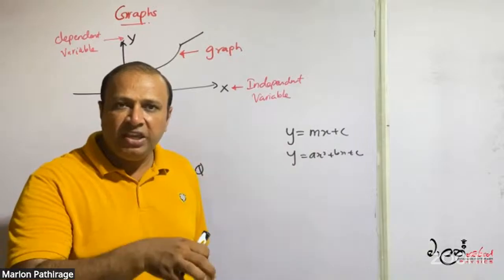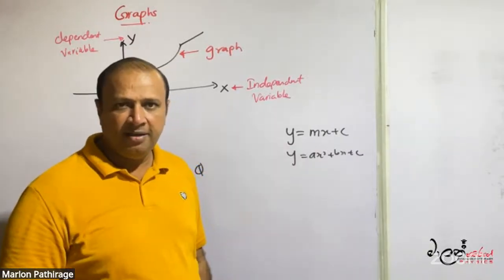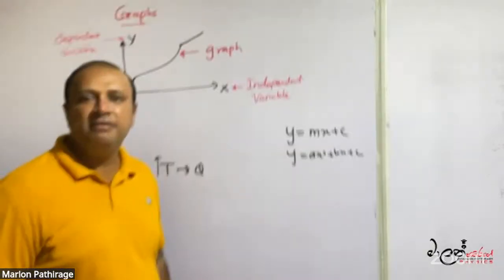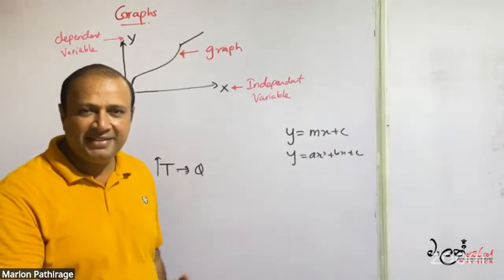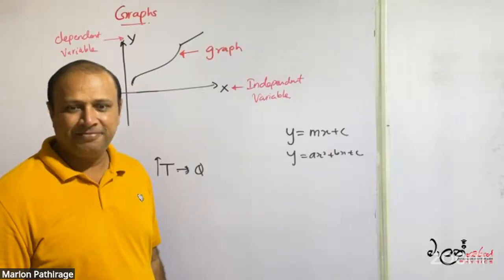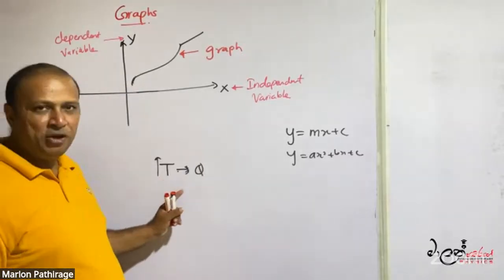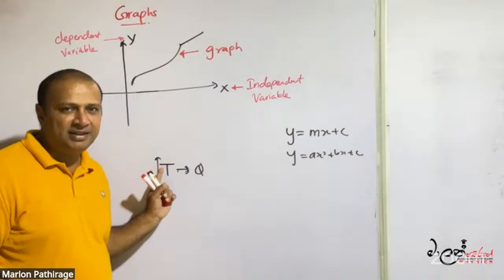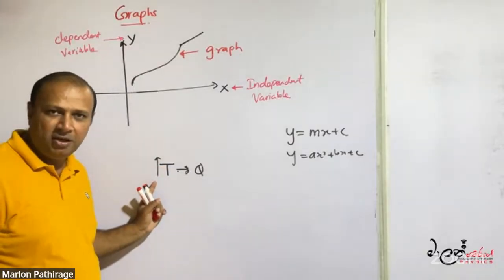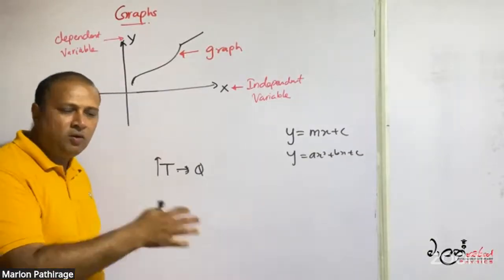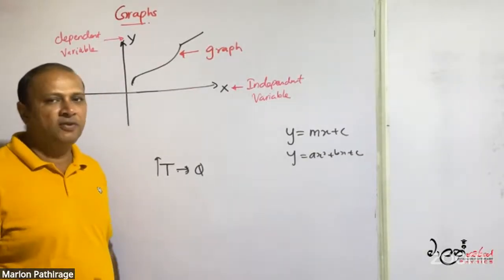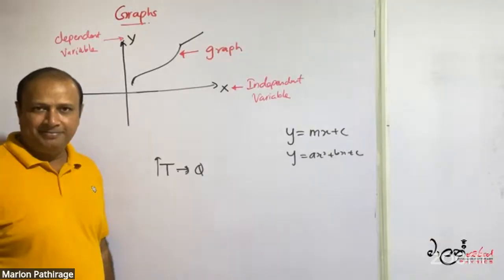According to the change in that variable, the second variable varies. We cannot change the second variable directly. We cannot change the temperature of that object. If you want to change it, you have to give heat energy or remove heat energy from that object.